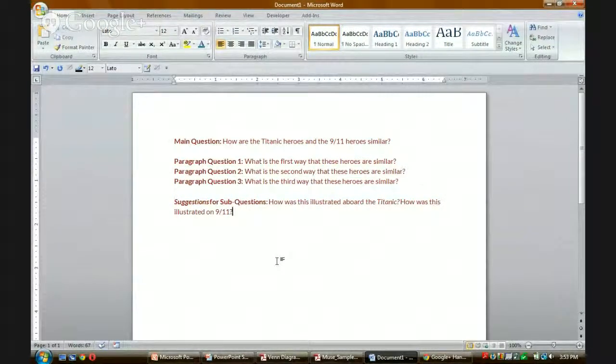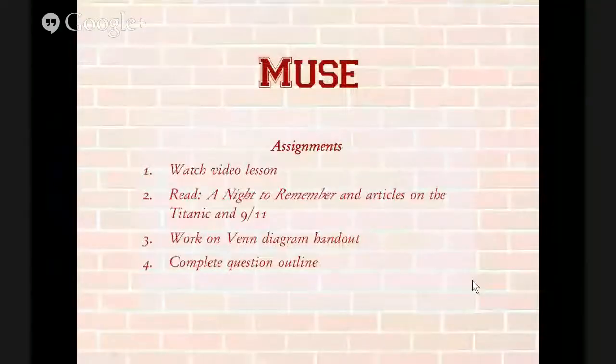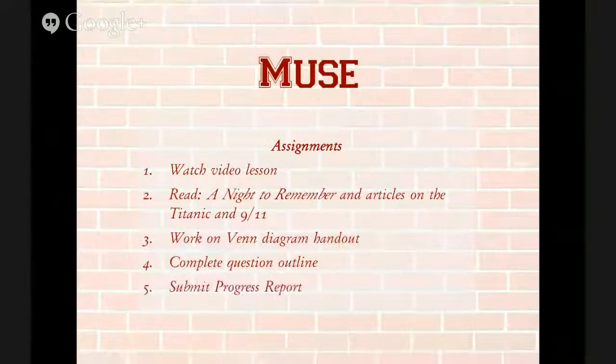So I'm just suggesting for the first part of the paragraph you could talk about how this characteristic, let's say, bravery, was illustrated by the Titanic heroes, and then how bravery was illustrated by the 9/11 heroes. So using the first half of the paragraph to talk about the Titanic and the second half to talk about 9/11. That's just a suggestion. It's up to you how you want to organize your sub-questions and the middle part of your paragraph. And then, as always, submit your progress report so I know what you were able to complete.